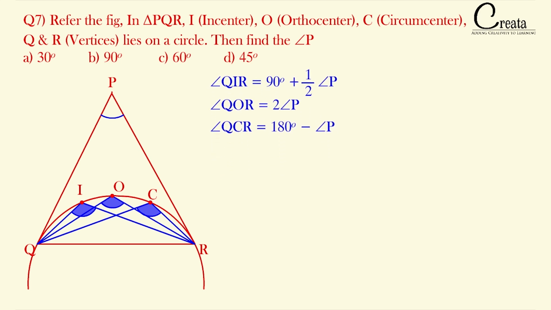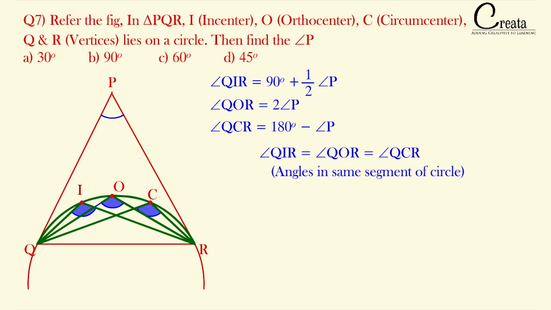So we got the three angles formed at these three points. Are you able to observe these three angles are subtended by the chord QR at points I, O and C? The fundamentals of the circles are coming into the picture. It means that these three angles are in the same segment of the circle, and we know the angles in the same segment of a circle are equal to each other. Got it?